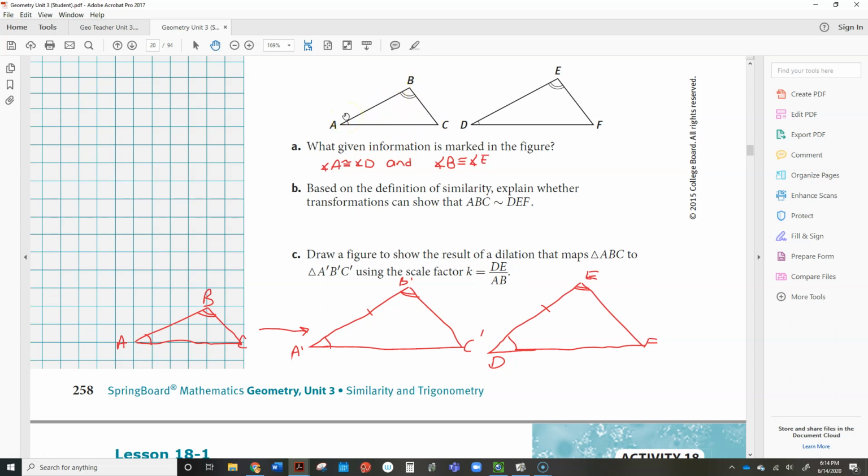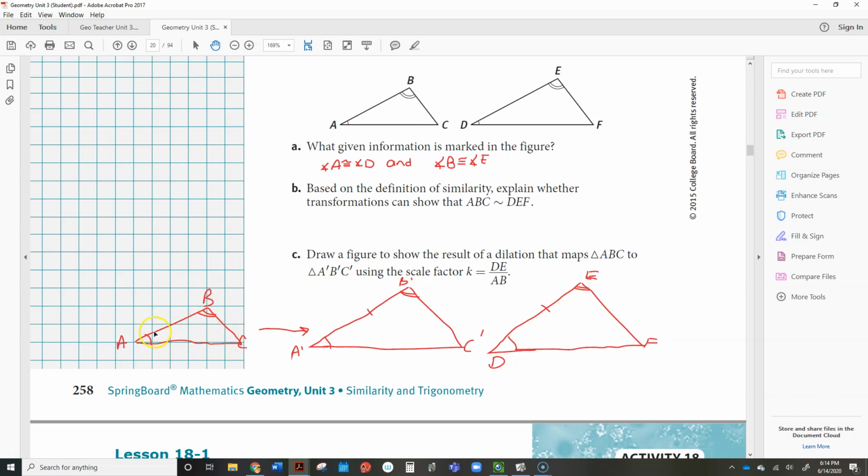AB was part of the pre-image, so they put that on the bottom because we are dealing with the scale factor here, and DE is the corresponding side, so they put it on top. Whatever that number is, if you multiply it times AB, you'll get the length of DE. So we're not going to jump right to there, but that's basically it.